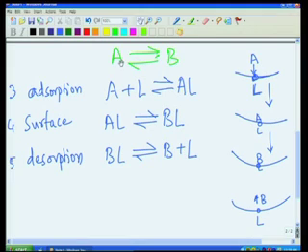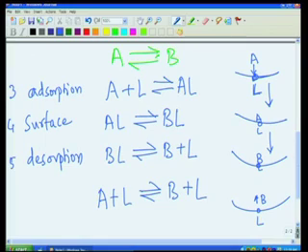So, if you look at this overall reaction, I do not have my catalyst actively participating in the reaction. So, we have A going to B as a general reaction. But another definition also said that it is a material which appears on both the reactant side and the product side. So, that means A plus L gives rise to B plus L. If you add up all these three reactions, we will end up with this.